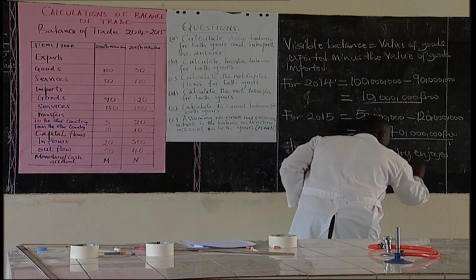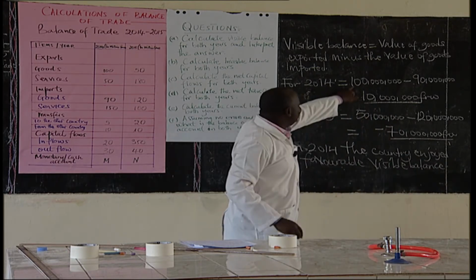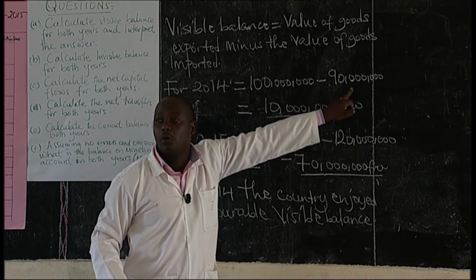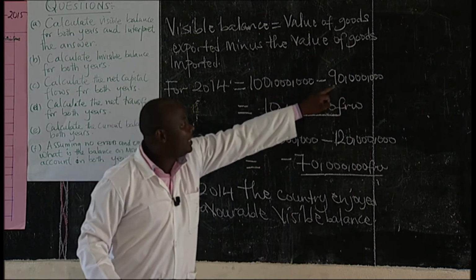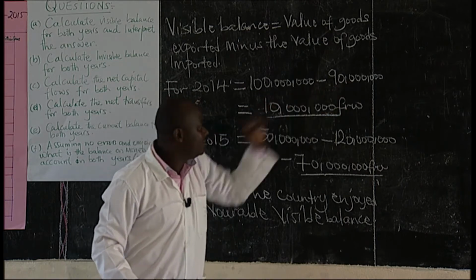Why did the country enjoy a favorable visible balance? Because the earnings on goods exported is greater than the expenditure on goods imported, because this is 100, this is 90.